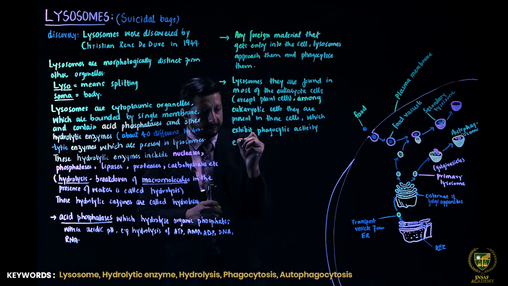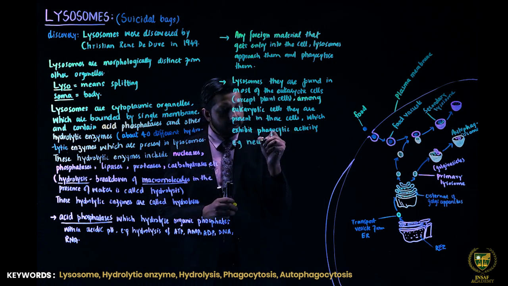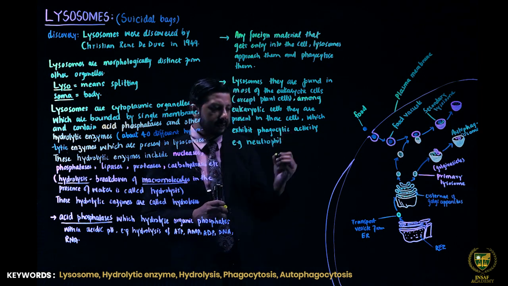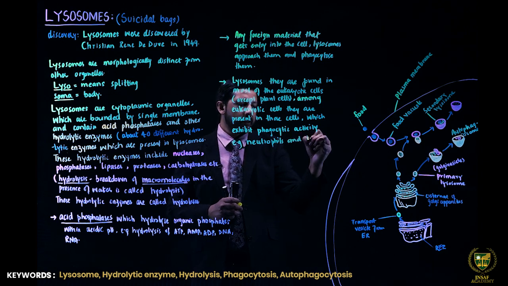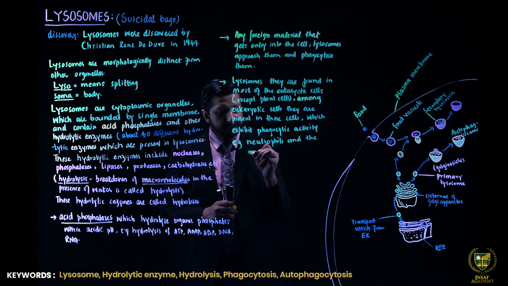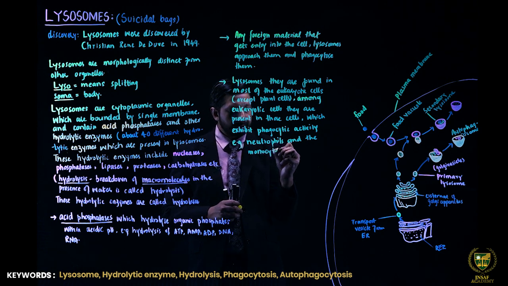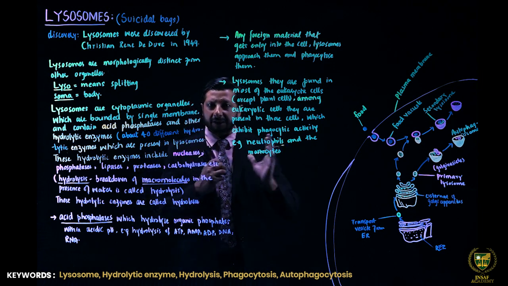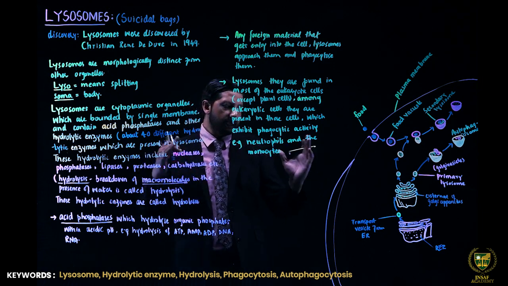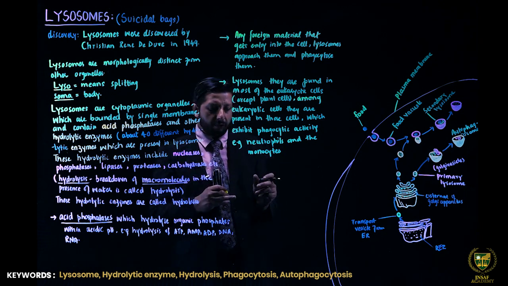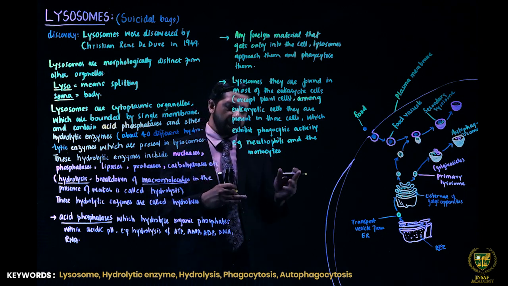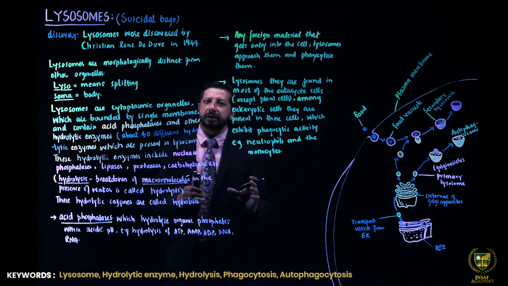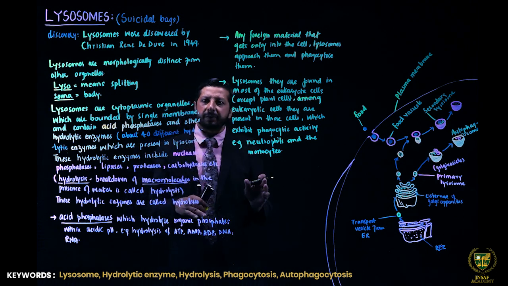For example, the neutrophils, which are directly involved in the phagocytosis of small particles, and the monocytes, which are involved in the phagocytosis of large particles. The monocytes coalesce with each other to form the macrophages, and the macrophages engulf and digest, phagocytose the large particles. Clear? तो लाइजोसोम्स ऐसे सेल्स में ज़्यादातर मौजूद होंगे जो फैगोसिटिक एक्टिविटी से रिलेटेड हैं, जहाँ पे फैगोसाइटोसिस होगी.